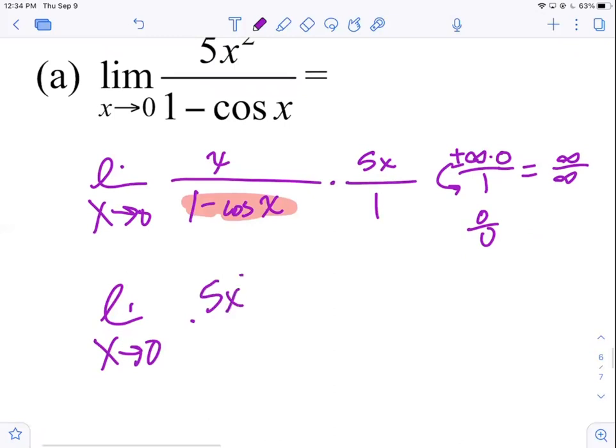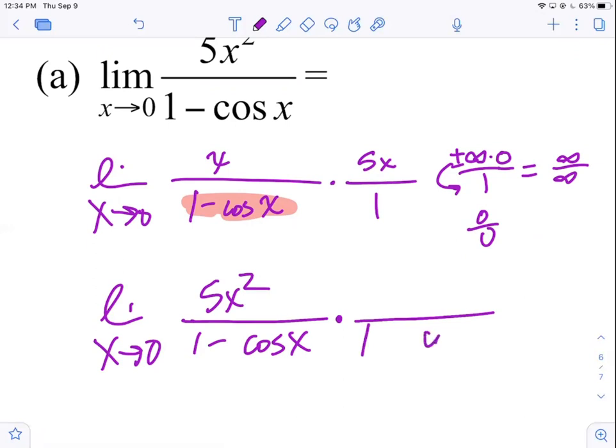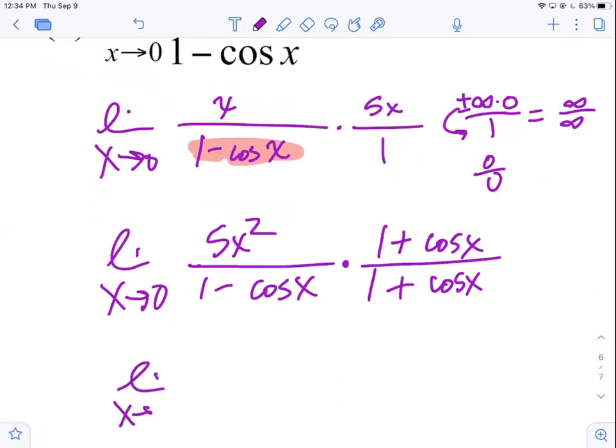The bell's going to catch us here, but we'll go ahead and set it up. In order to make that a 1 minus cosine squared, I need to multiply by a clever form of 1. This was a technique we learned in proofs: the conjugate, 1 plus cosine. And the product of 2 conjugates is the difference of squares. That's 1 minus cosine squared.